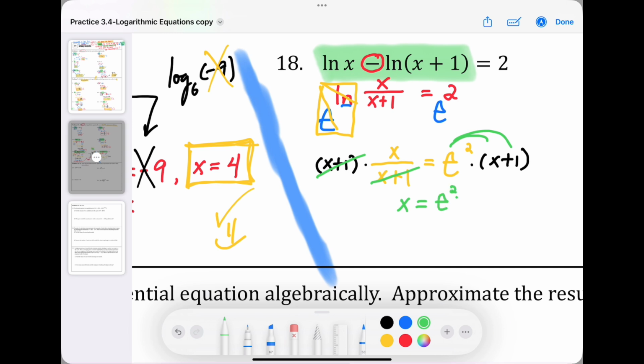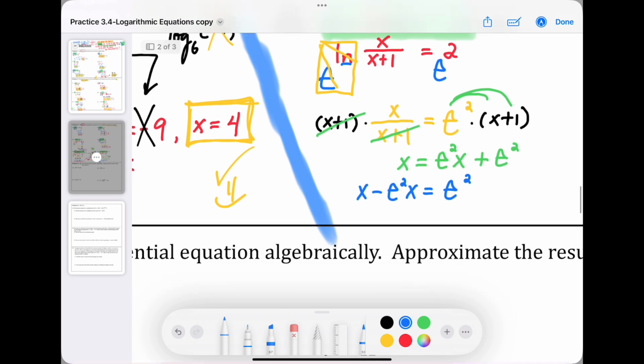Now, what do we say? I can do distribution. So I have e squared, remember, it's just a number, times x, and plus e squared. Therefore, you say, "I want to solve for x." The x terms have to combine together, go to one side. So now I'm going to subtract e squared x from both sides. And that is equal to e squared, okay?